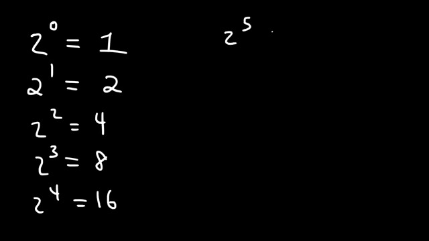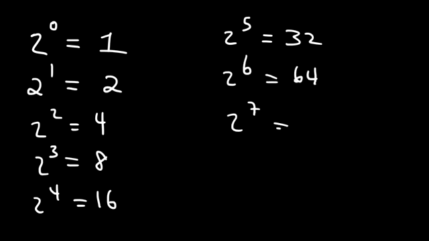And then 2 to the fifth power, that's 32. 2 to the sixth is 64. 2 to the seventh is 128. And then 2 to the 8 is 128 times 2, or 256. And so, if you know these values, you can quickly perform the operations that are necessary when converting a binary number into a decimal number. So let's try another example.